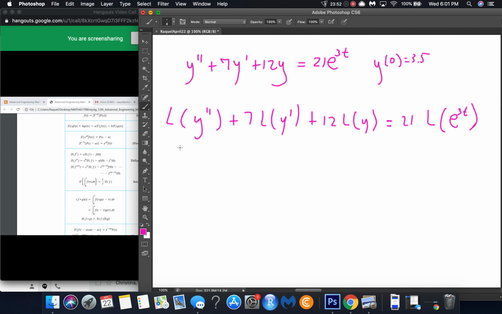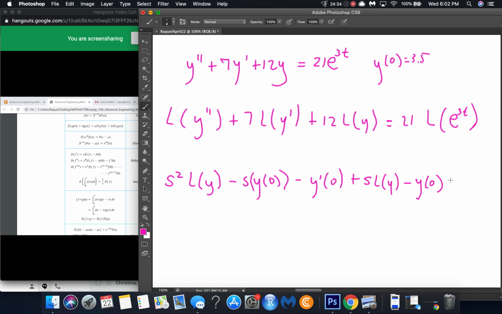Like I mentioned before, the second derivative is going to be that polynomial, so it's going to be s squared L of y minus s times y of 0 minus y prime of 0, and then plus. Now that was just for y double prime. Now we have to do the same thing for L of y prime, which we already know from the previous one is s L of y minus y of 0.